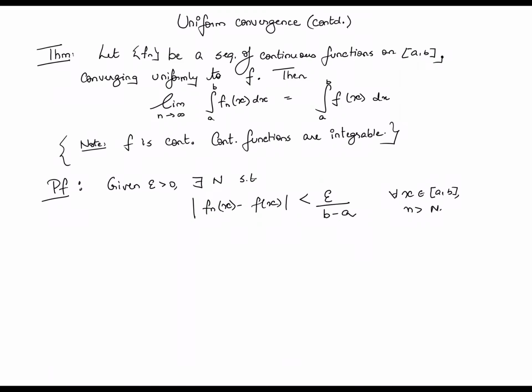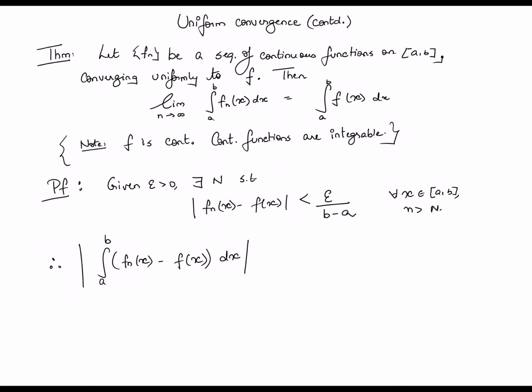Okay, now since the absolute value of the difference between fn of x and f of x is uniformly upper bounded by epsilon by b minus a, then we may upper bound the integral difference as follows. So in other words, I want to look at the absolute value of the difference between the integrals of fn of x and f of x.